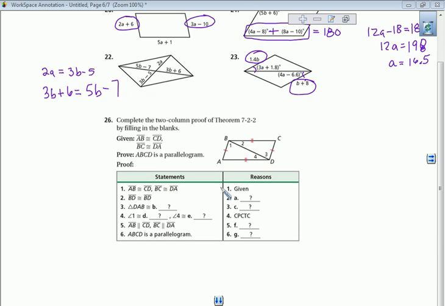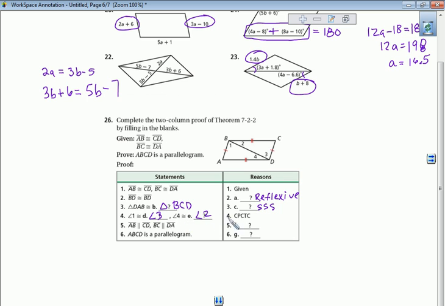Okay, let's look at one more proof. AB is congruent to CD and BC is congruent to DA. BD is congruent to itself. That's the reflexive property. Therefore, triangle DAB is congruent to triangle BCD by the side, side, side congruence postulate. So, because corresponding parts of congruent triangles must be congruent, angle 1 must be congruent to angle 3, and angle 4 must be congruent to angle 2.